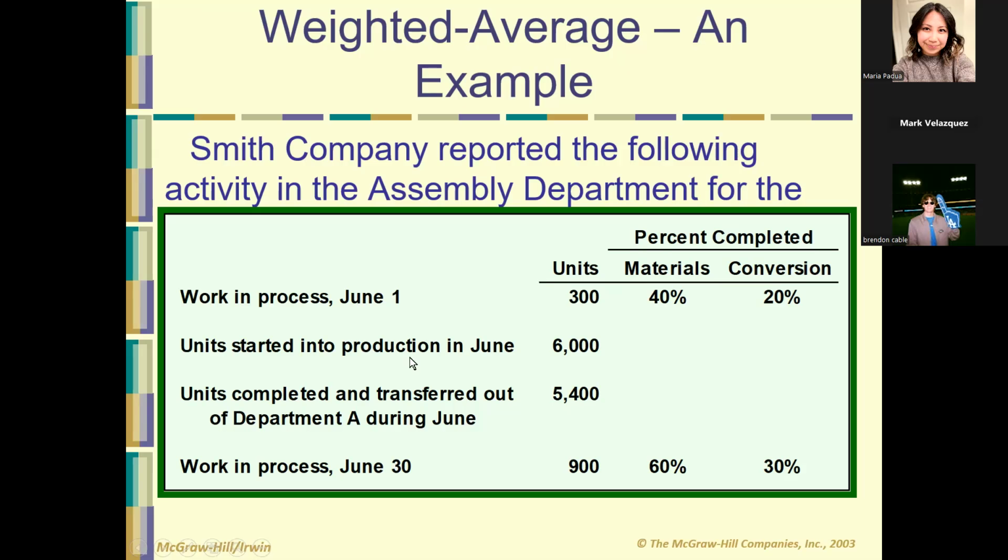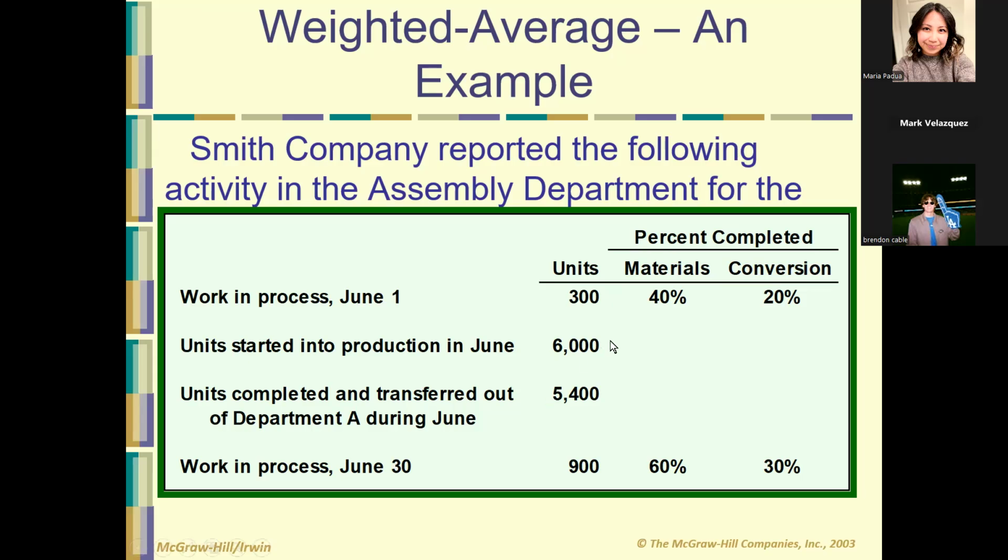Units started into production. These are items that you received from another department or directly from the raw material area. Somebody mixed the liquid and then brought it over to the bottling guy.